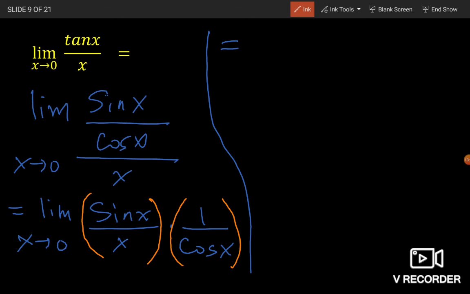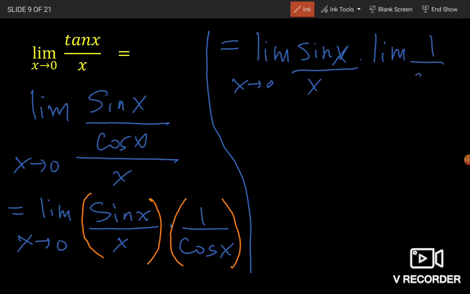If you recall, the limit of f of x multiplied by g of x as x approaches a certain number can be expressed as the product of the limits of the individual functions. So we can write this as the limit of sine x over x as x approaches 0 multiplied by the limit of 1 over cosine x as x approaches 0.